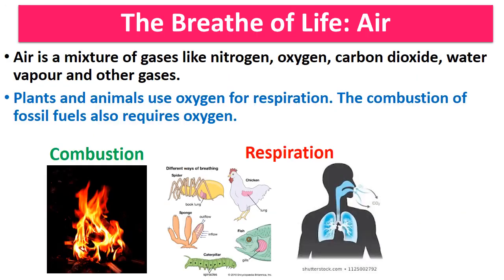Next is air, that is the breath of life. You know that air is a mixture of gases like nitrogen, oxygen, carbon dioxide, water vapor and other gases. Right? So, now the question arises, where is oxygen being used?